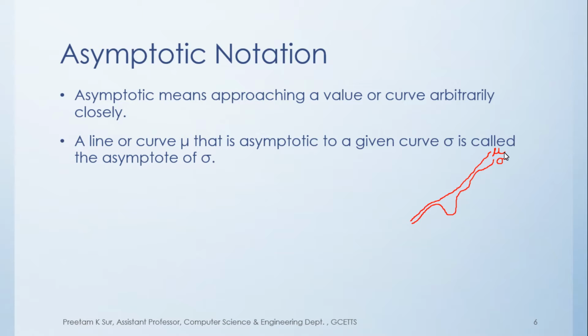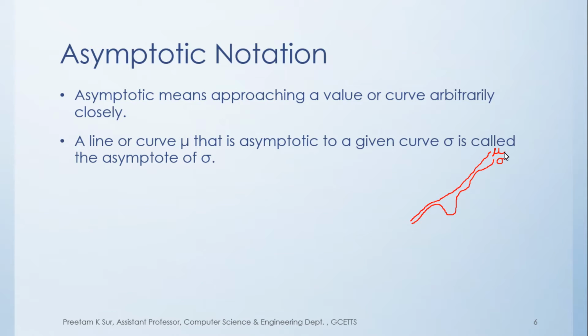So the curve mu, as you can see in this picture, has a very close value to the original curve sigma, but it is much simpler to represent mathematically as well as to understand. Okay. So here mu is asymptotic to sigma, and we are going to call mu the asymptote of sigma. Okay.